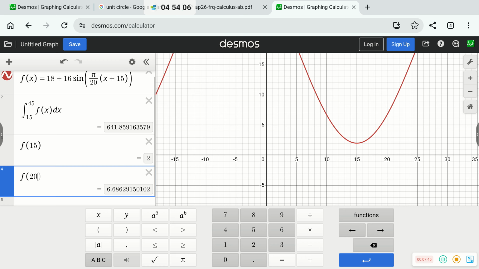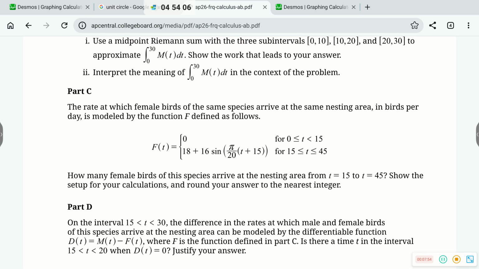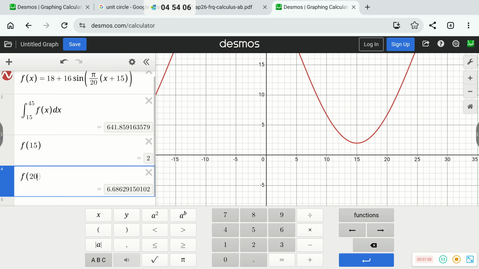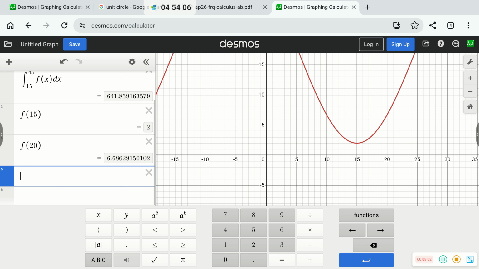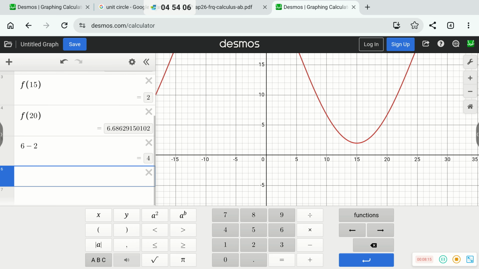Okay, so f of 15 is 2. f of 20 is 6.6816. So d of 15 would be 6 minus 2. It's 4. Well, we know that without having to type it in.